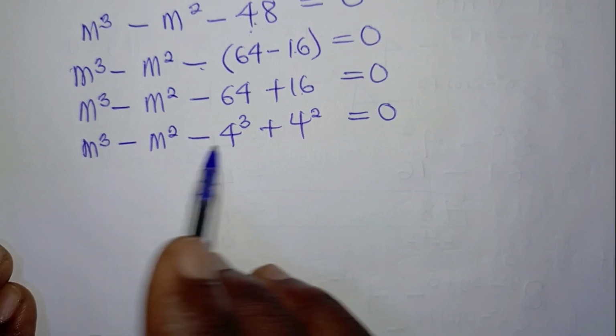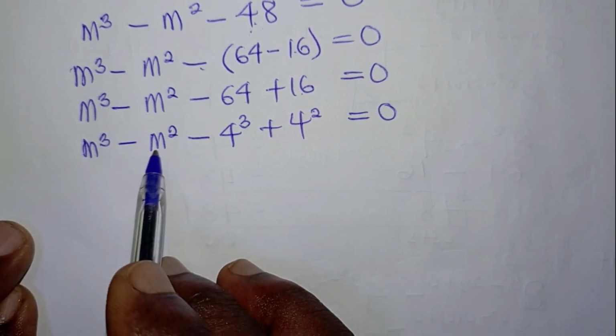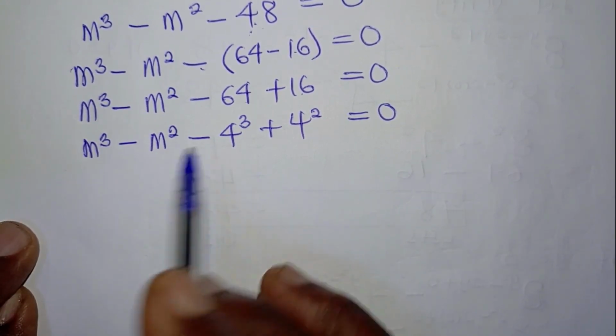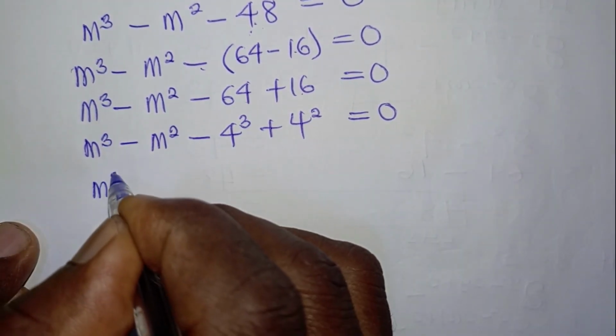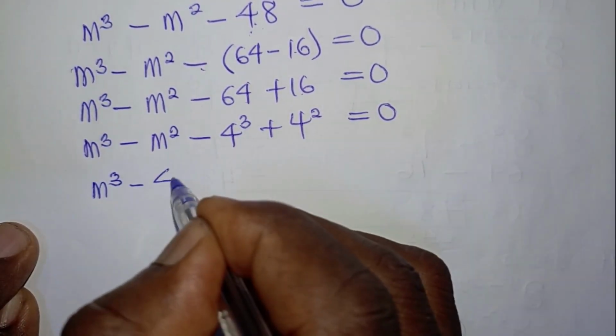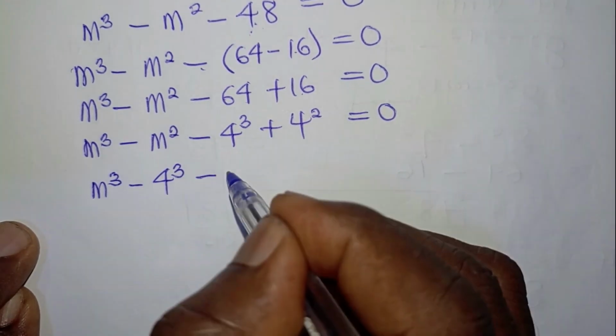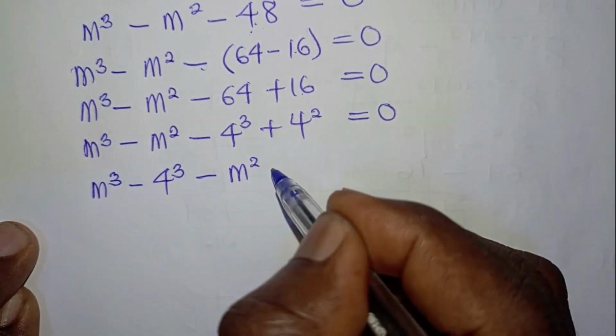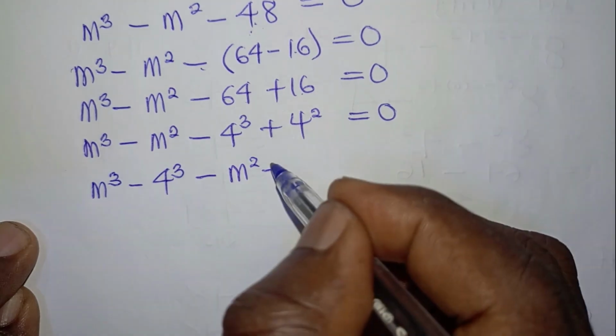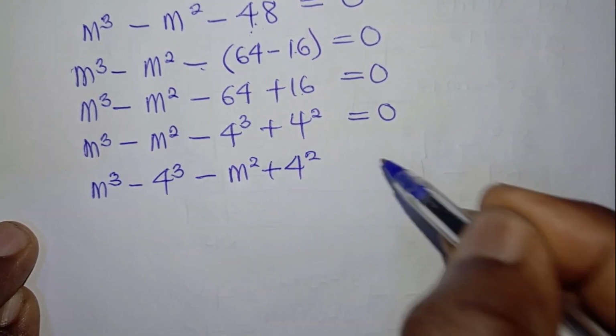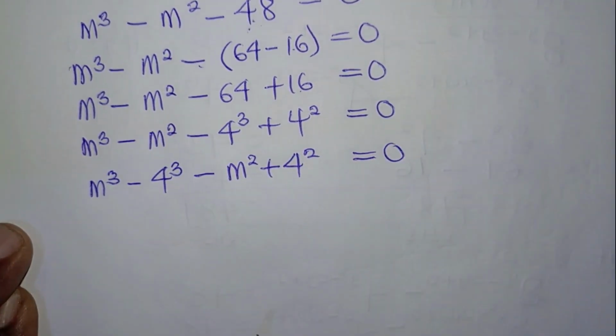So let's put the squares together and the cubes together. We have m to the power 3 minus 4 to the power 3, minus m to the power 2 plus 4 to the power 2, equals 0.